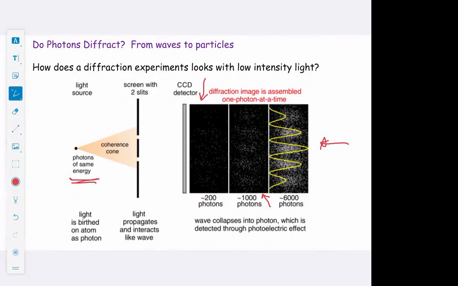They go very close to the center with the maximum probability, so they are closer to this axis with more probability than to any other place on the screen. So the photons have a higher probability to be here. It's consistent with the experiment.